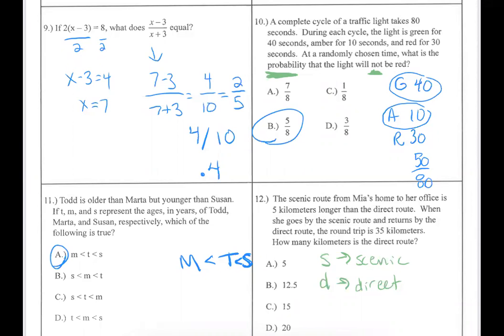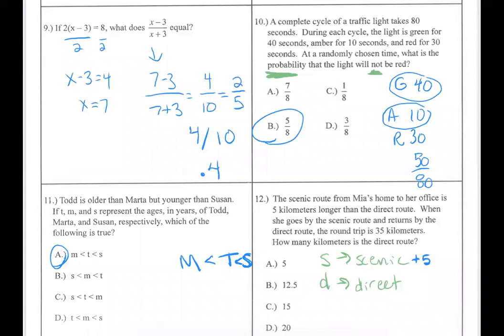And last one, Mia's home. If she goes a scenic route, it's an extra 5 kilometers. So I'm just going to notate that for the scenic route, it's an extra 5 kilometers. If she goes a scenic route and returns a direct route, the round trip is 35 kilometers. How many kilometers is the direct route?